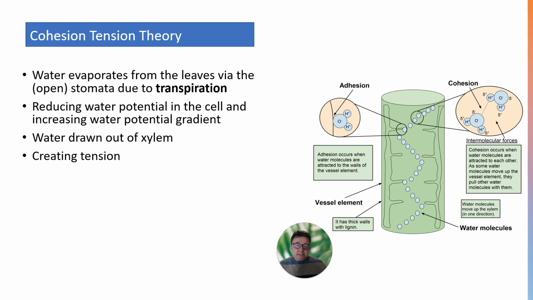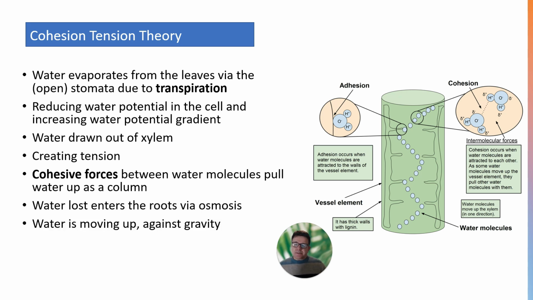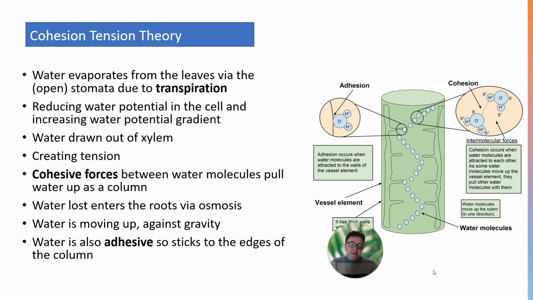As this happens, this creates tension. Cohesive forces between water molecules pull the water up as a column, and water lost enters the roots via osmosis. Water is moving up against gravity, and water is also adhesive, so it sticks to the edges of the column.